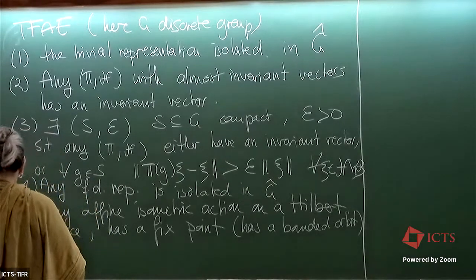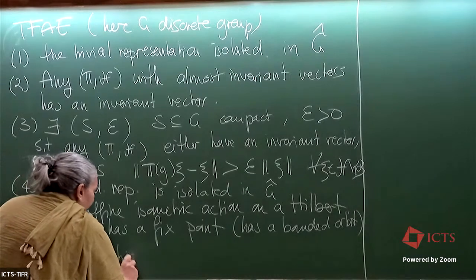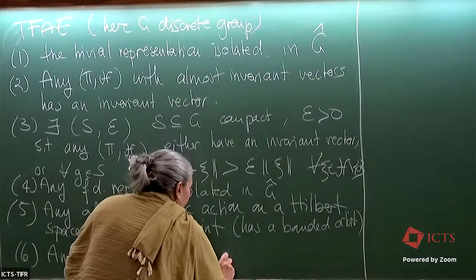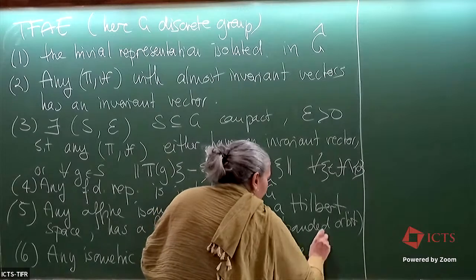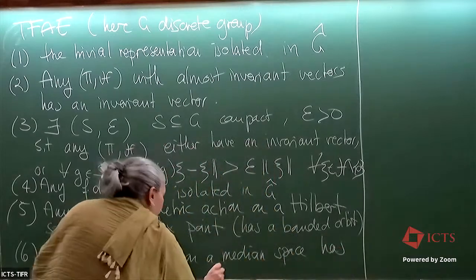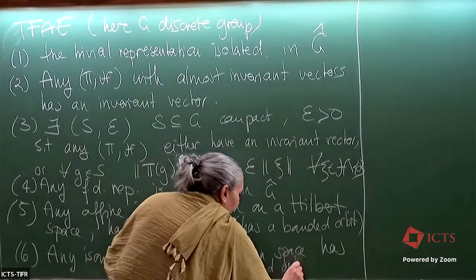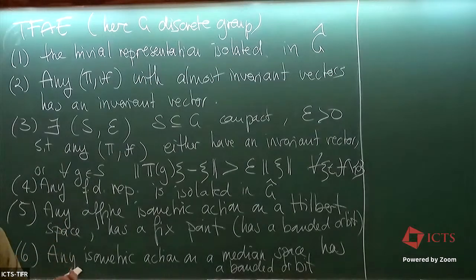And any isometric action on a median space has a bounded orbit, but that doesn't necessarily give you a fixed point.